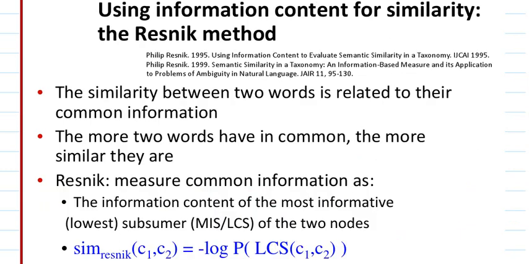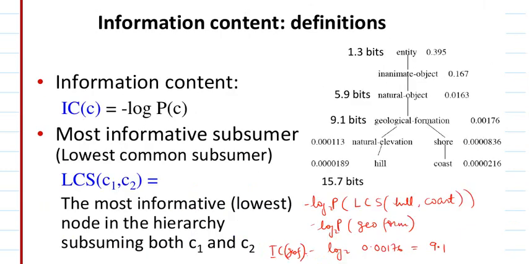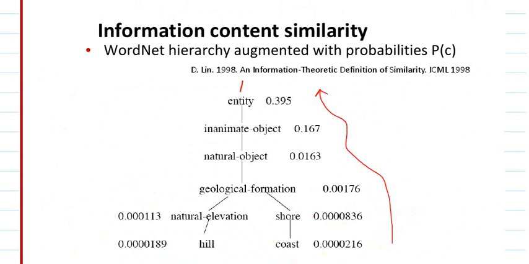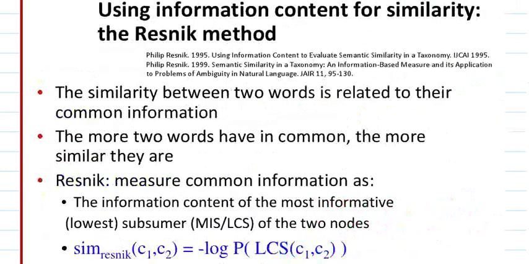We can also calculate the Resnik similarity, that is minus log P of the LCS of C1 and C2.